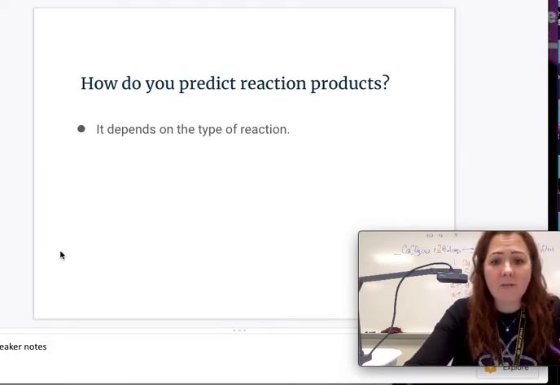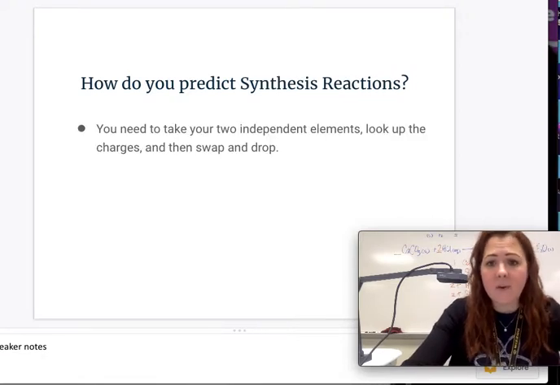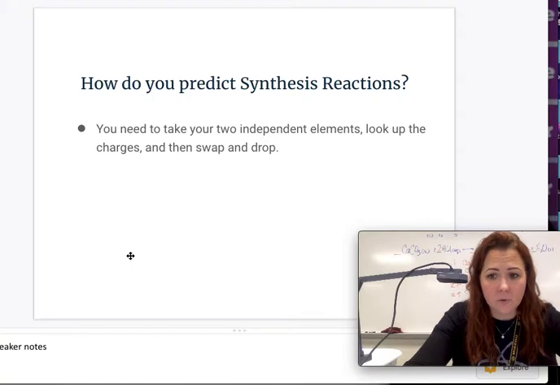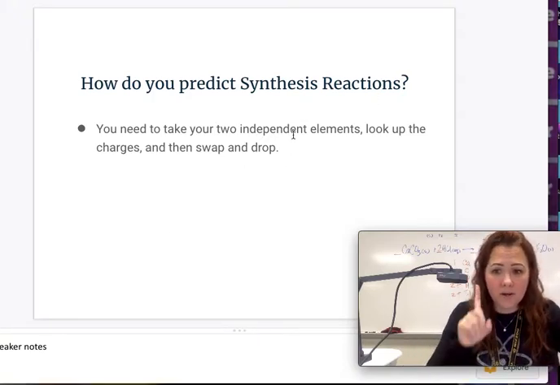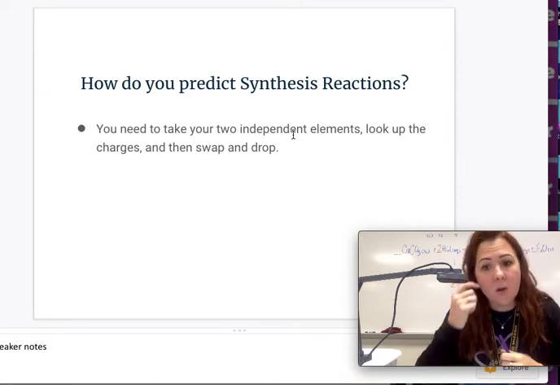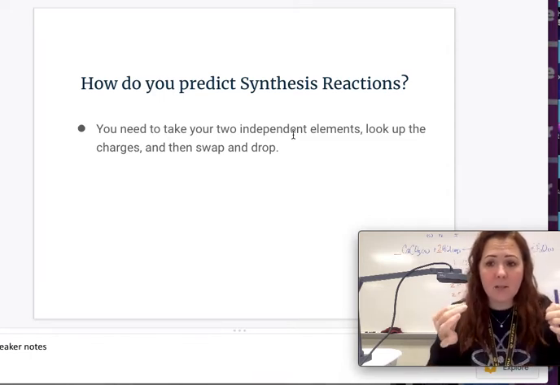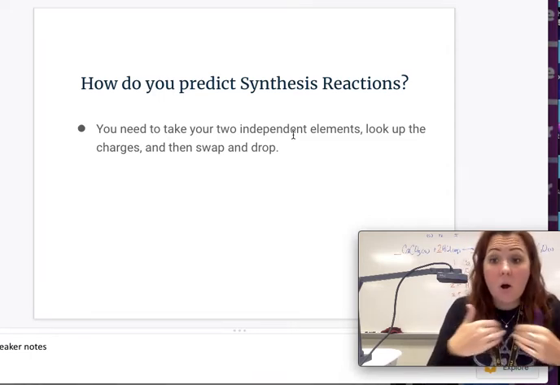So we're going to have to identify the type of reaction that we have first, and then after we identify the type of reaction, we're going to follow these different rules. So in a synthesis type reaction, remember you're making one compound in the end. All that you're going to do is find your 2 elements that are coming together. They're all going to be ionic.